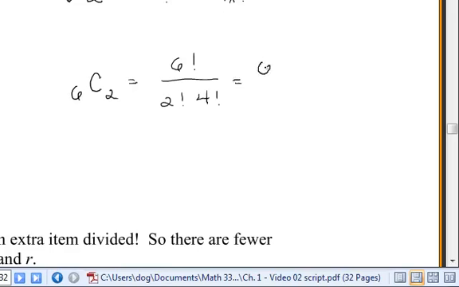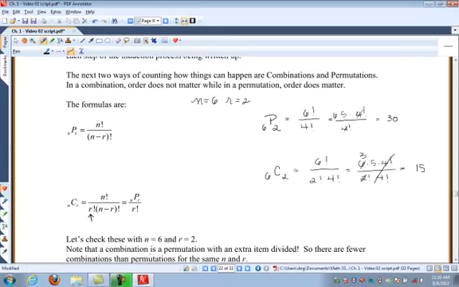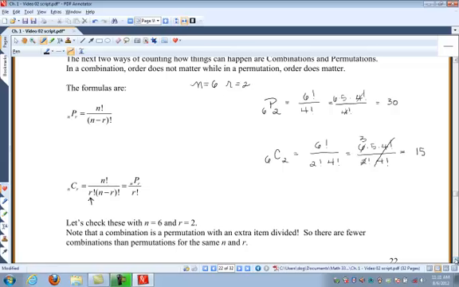So that's going to be 6 times 5 times 4 factorial over 2 factorial times 4 factorial. This will cancel. 2 goes into 6 3 times, leaving us with 15. So look, a combination is a permutation with an extra item divided. So there are fewer combinations than there are permutations for the same n and r.